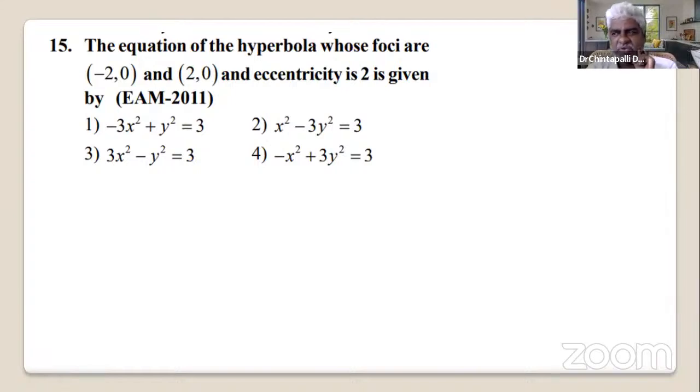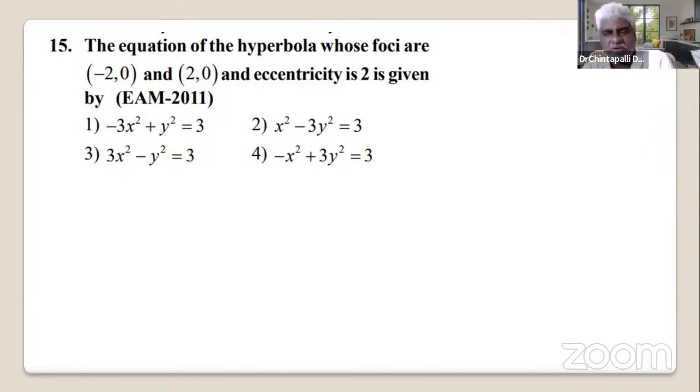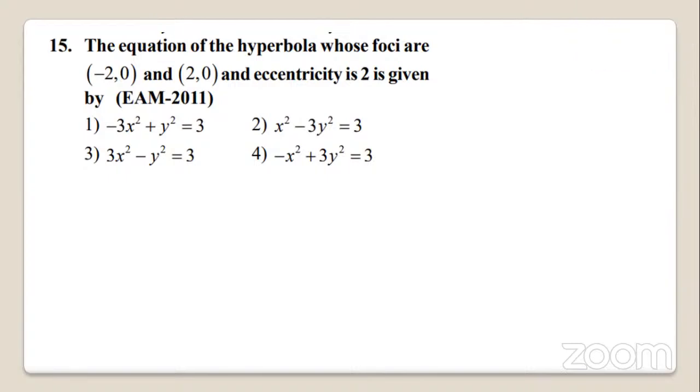Yes, you can do it easily. The equation of hyperbola whose foci are negative 2 and 2 and the eccentricity is 2 is given by. So AE equals 2. Very good. E is directly given, E equals 2. So A times 2 equals 2, A equals 1, sir. Very good.